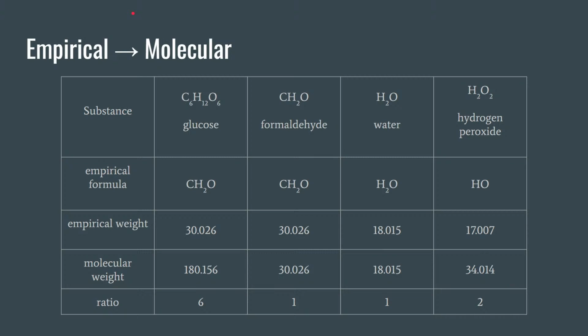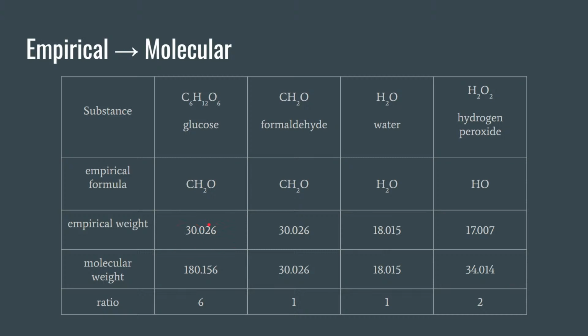So, here we have glucose. The molecular formula, we now know, is C6H12O6. The empirical formula, we find by our experiment, is CH2O. The empirical mass of that, we find the exact same way we find the molar mass for any compound. We add the atoms together, so 12 plus 2 plus 16 gets us 30.026.